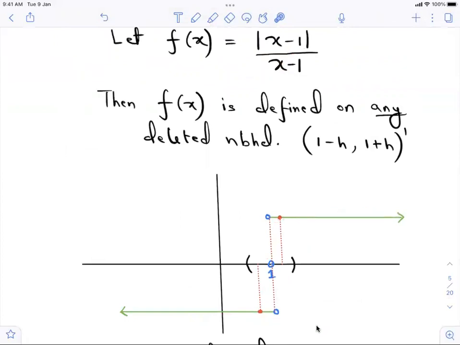If I want to study this function on a neighborhood of 1, I have this obstruction that I cannot define that neighborhood as its domain because the function is not defined at 1. So I simply consider the deleted neighborhood of 1. Simply delete this point from the neighborhood, then this function becomes well defined on it.